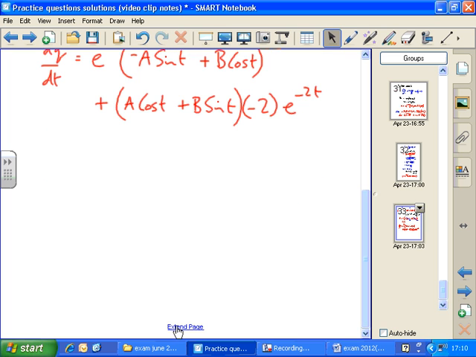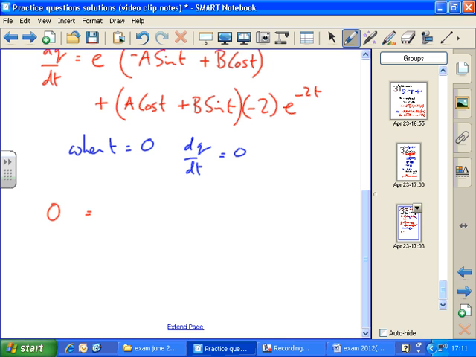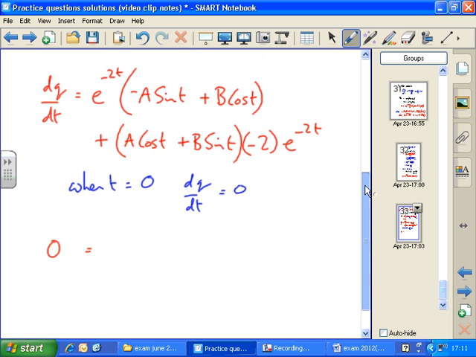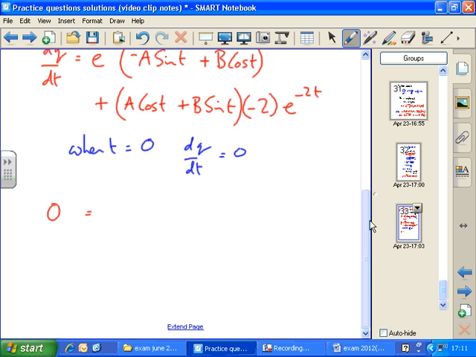When t equals 0, dq by dt equals 0. And when you put the value for t equals 0 in, lots of these terms are going to disappear. So see if you can carry on from here and find an expression for dq by dt equals 0. Again, e to the 0 is 1.